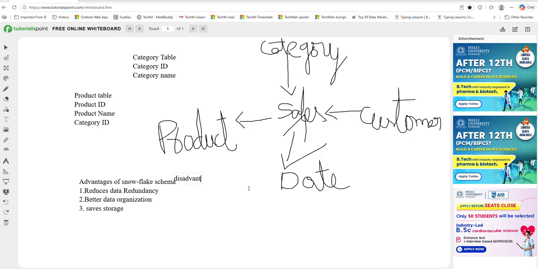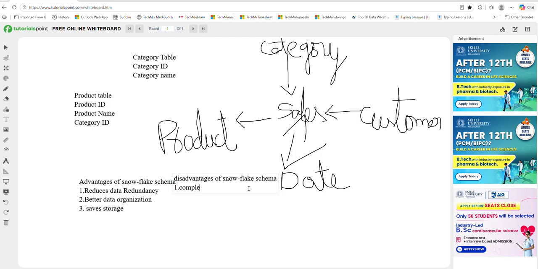So what are the disadvantages, guys? First one is, it is a complex structure.